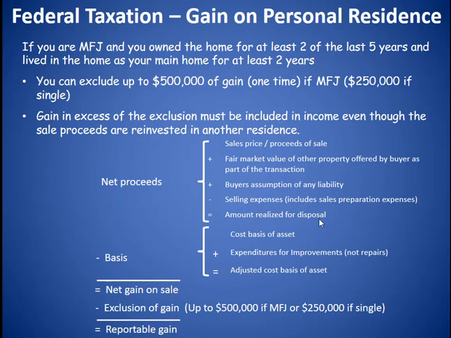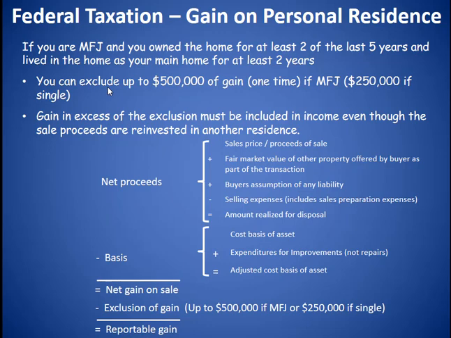If you're married filing jointly and you've owned your home for at least 2 of the last 5 years, and you lived in that home as your main home for at least 2 years, you can exclude up to $500,000 of gain. Once you exercise it, you can't exercise it again.